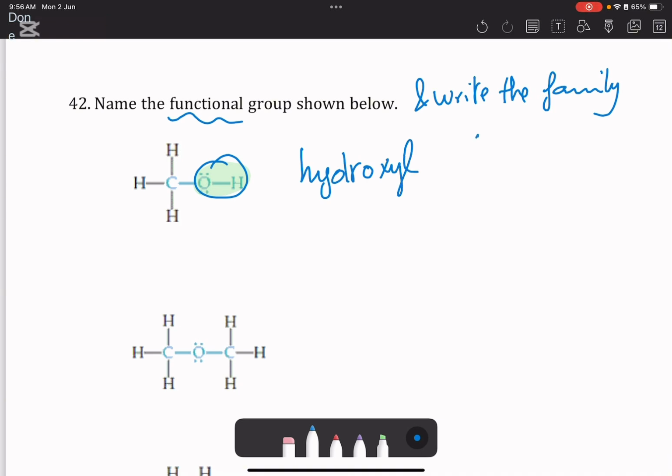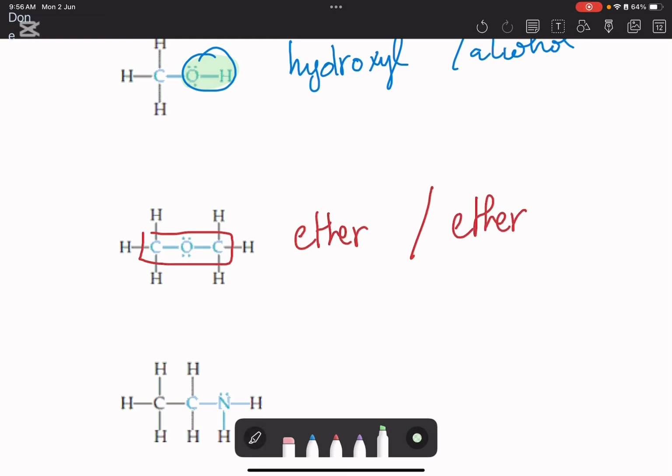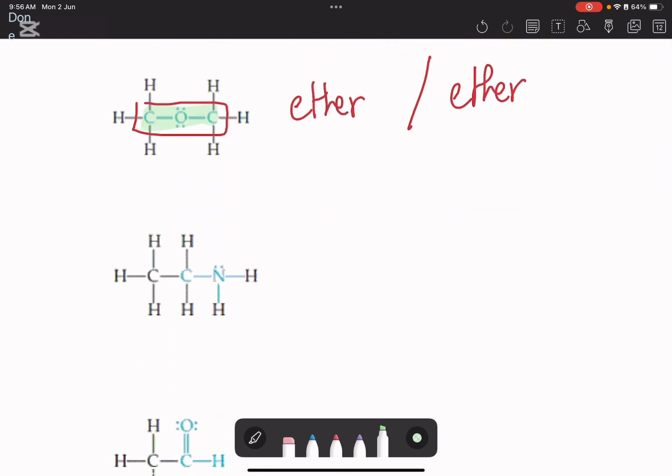Hydroxyl belongs to the family of alcohols. O in the middle of carbons, that's an ether belonging to the family of ethers. That's the functional group. Whenever you see nitrogen atom and no double bond, that's an amine, an amino, the functional group belonging to the family of amines.